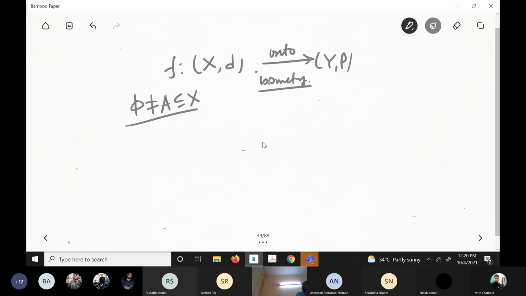Now you can show that f restricted to A, of course taking f(A) with the metric rho, is onto obviously. And this is also an isometry.